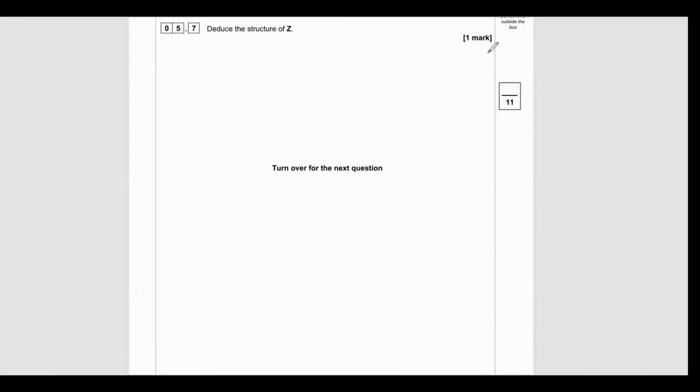So like I always say with H NMR, if you learn how to interpret splitting patterns and integration trace and use the chemical shift table, you can get most of the marks without being able to do the hardest bit, which is put the structure together. But let's give it a go. So let's remember right at the start, the first thing we did at the start of this question was we looked at the hydrogen that gave us a chemical shift of 4.10.